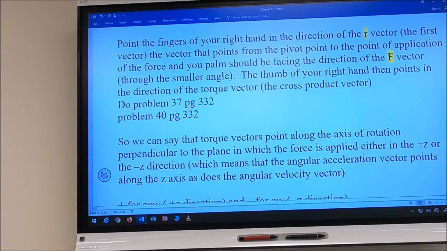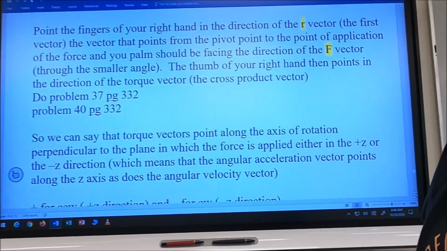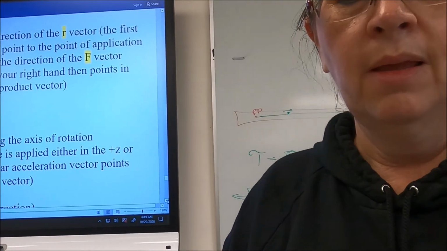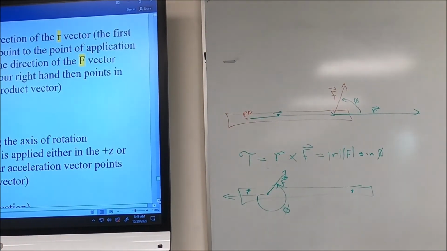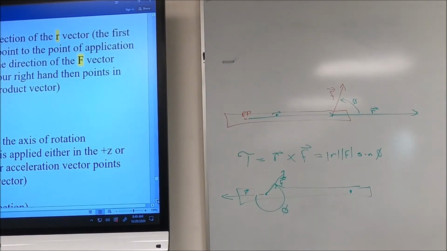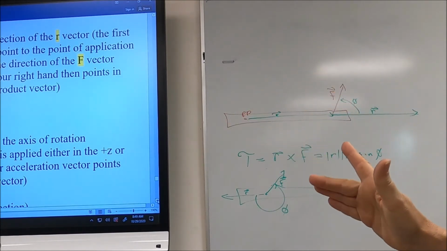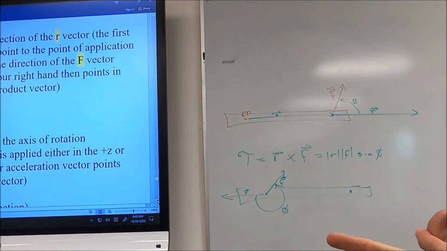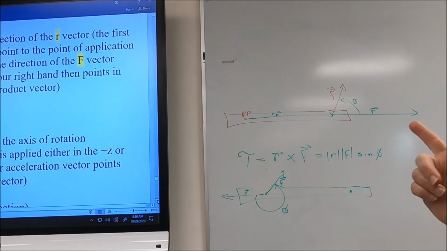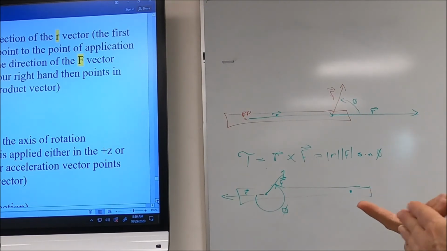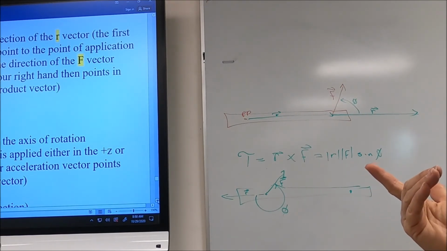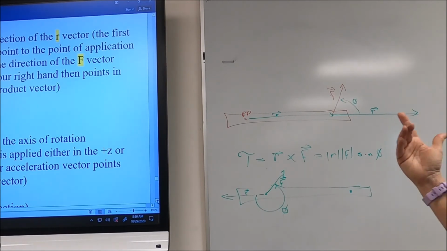Okay? Now, I want to talk right-hand rule here for a second, and then we're going to do a couple of examples. In the right-hand rule, you're going to take your right hand, okay, and your thumb is going to point in the direction of the first vector. Your pointer finger is going to point in the direction of the second vector, and then you fold your other fingers up to show you the direction of the cross product vector.